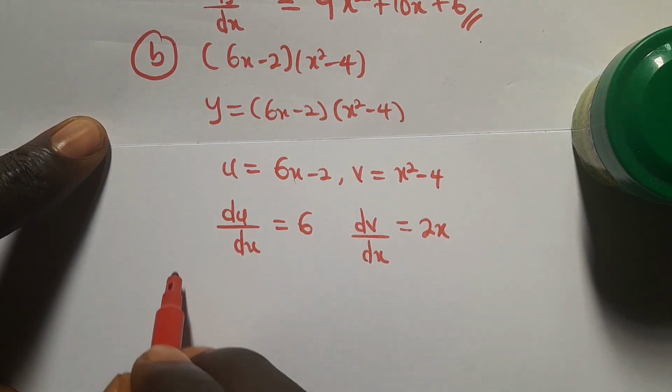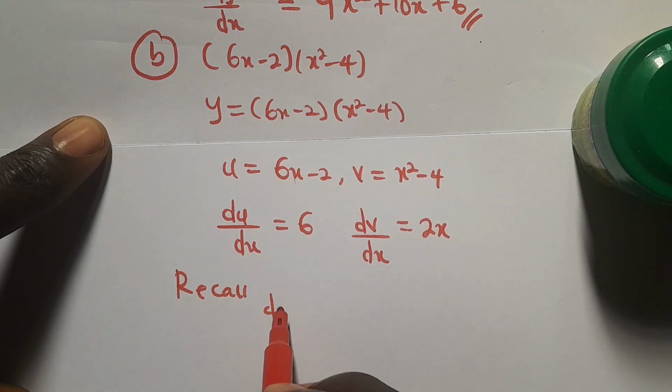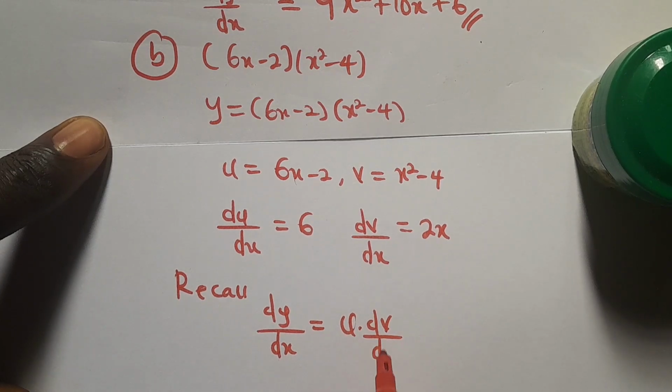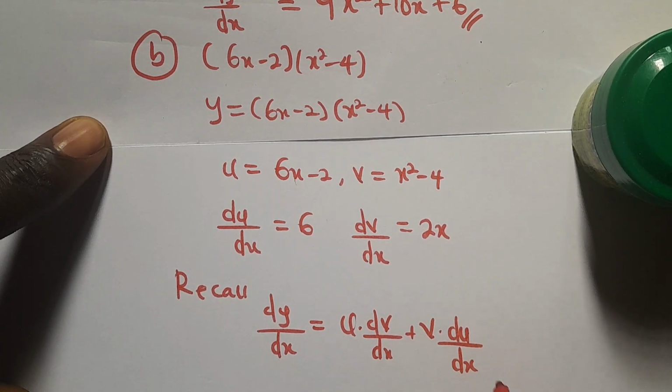So let's substitute all this by recalling dy/dx equals u d phi/dx plus phi du/dx.